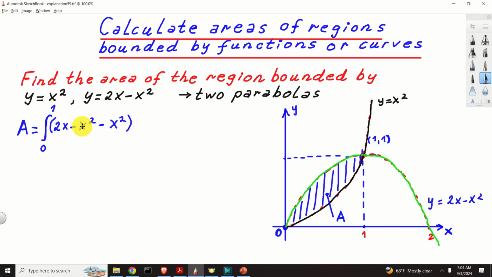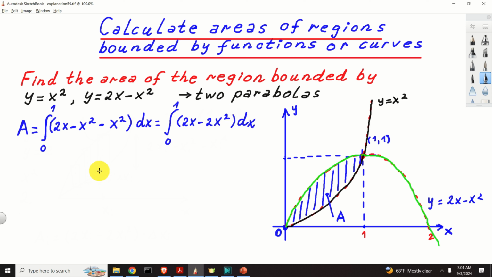And here we have dx. Now, this integral becomes the integral with bounds from 0 to 1, and over here we will have 2x minus 2x squared dx.